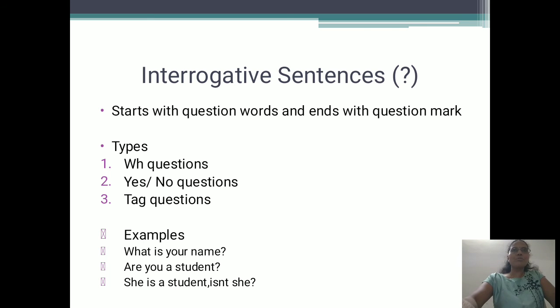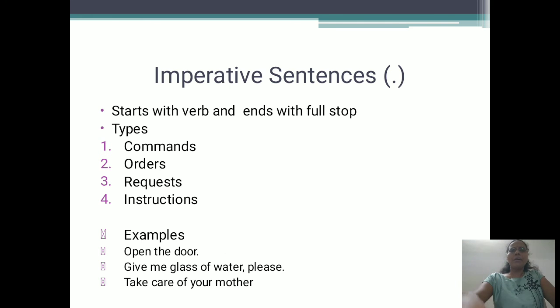Tag questions are used to take confirmation from the listener. The examples of such type of questions are: what is your name? This is WH question. Are you a student? This is yes no type question. And she is a student, isn't she? This is tag question.